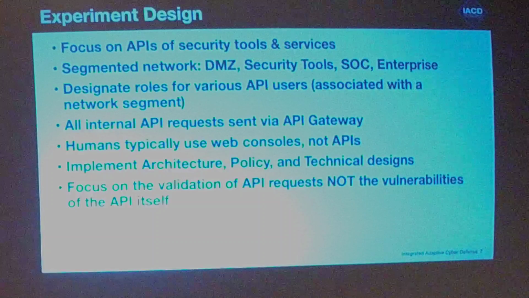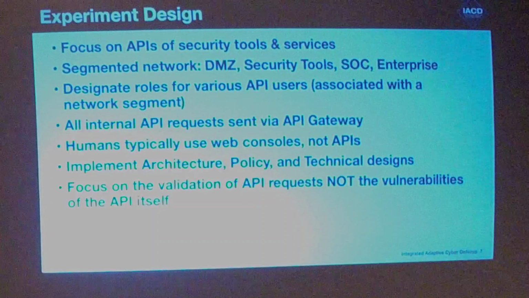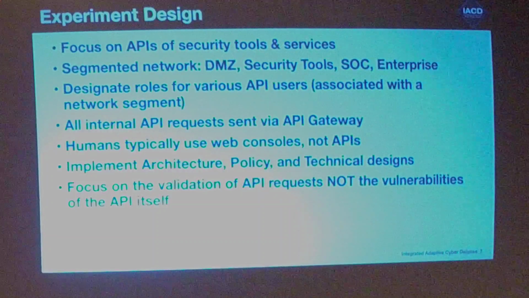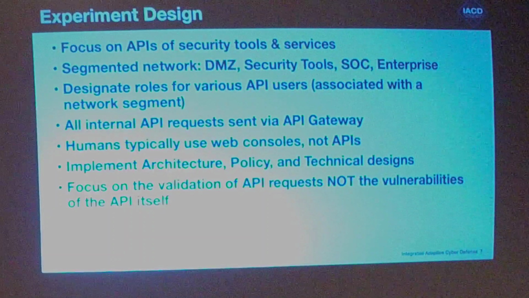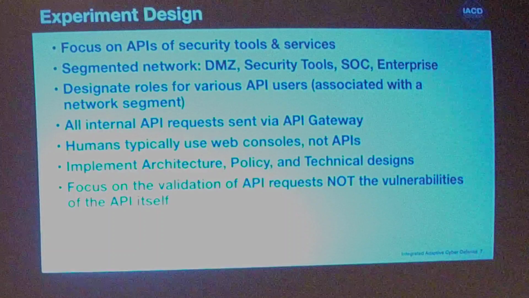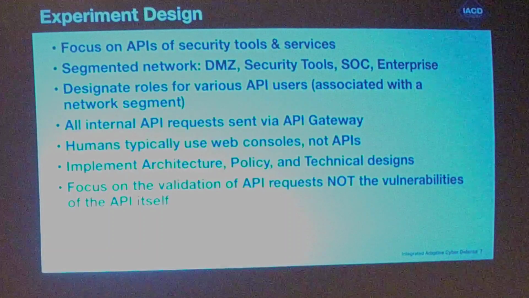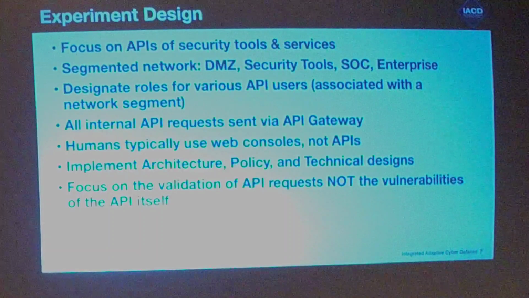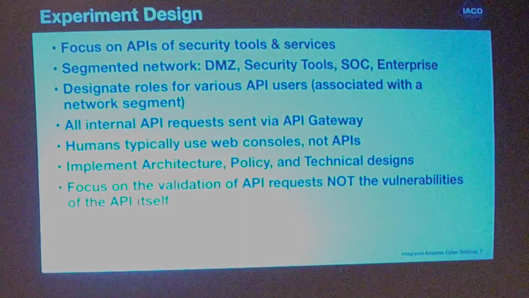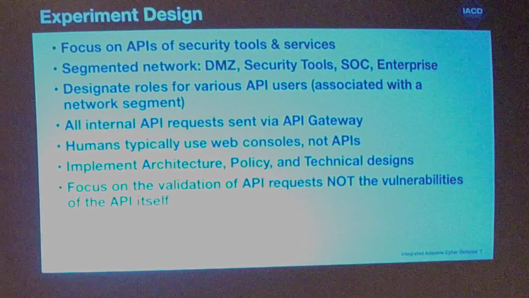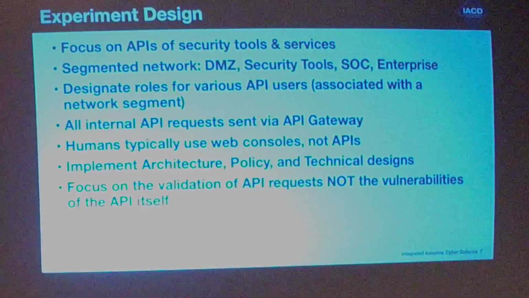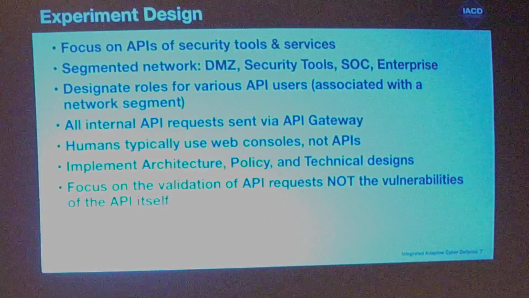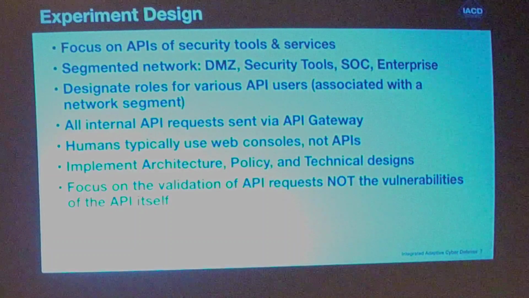We set up our network so that all API requests had to be proxied through the API gateway while still allowing humans to access the web consoles, because that's how humans work. We like to click, see graphs, and we didn't want to take that away by fully proxying the tool. So we wanted both sides. We wanted the API, and we wanted the use of the web consoles for the users.